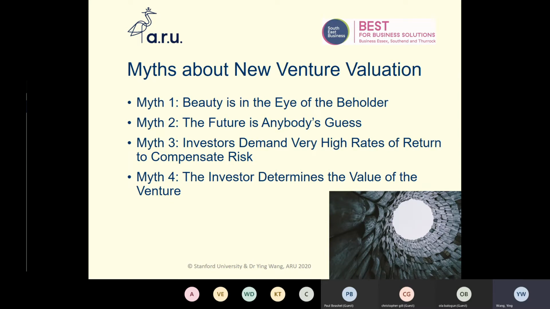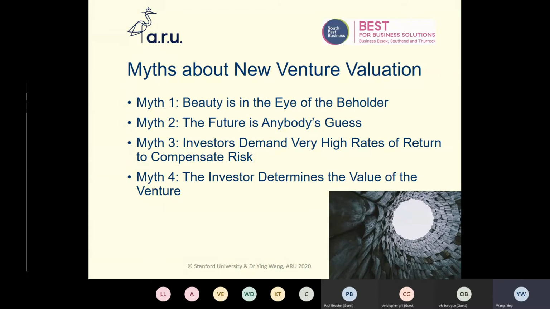Of course, the third myth is that investors will require higher return. The fourth is that the investor will determine the value of the venture. In other words, most venture capitalists will propose a value for your business.